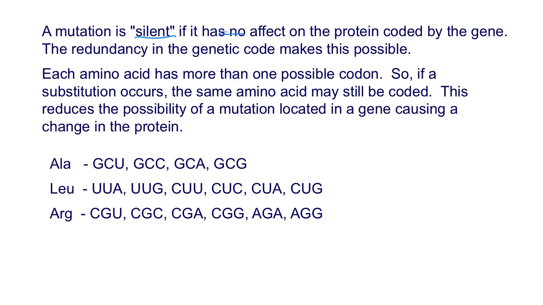It has no effect on the produced protein. Okay, redundancy. If you look at your genetic code table, leucine has 6 different codons that code for it, and so this is called redundancy, and it kind of prevents big changes if there's a mistake.